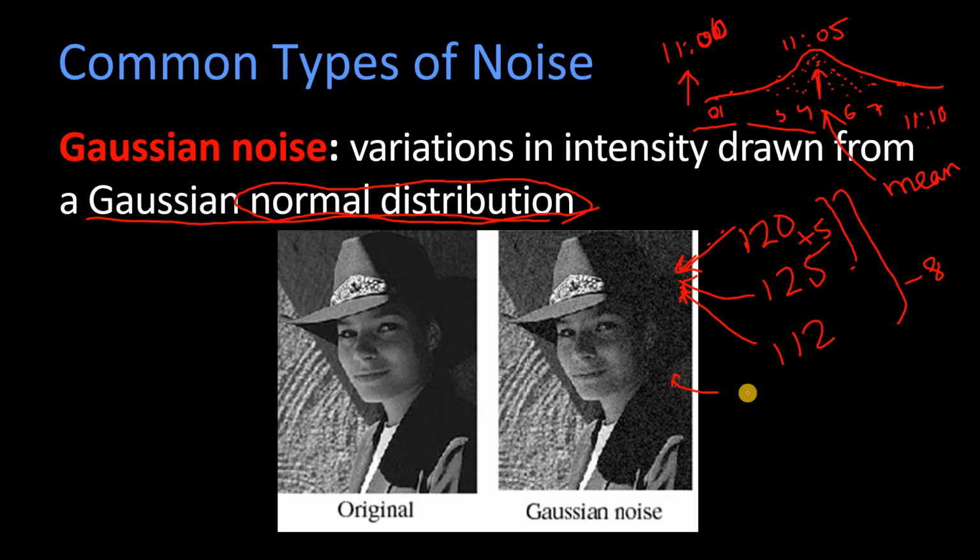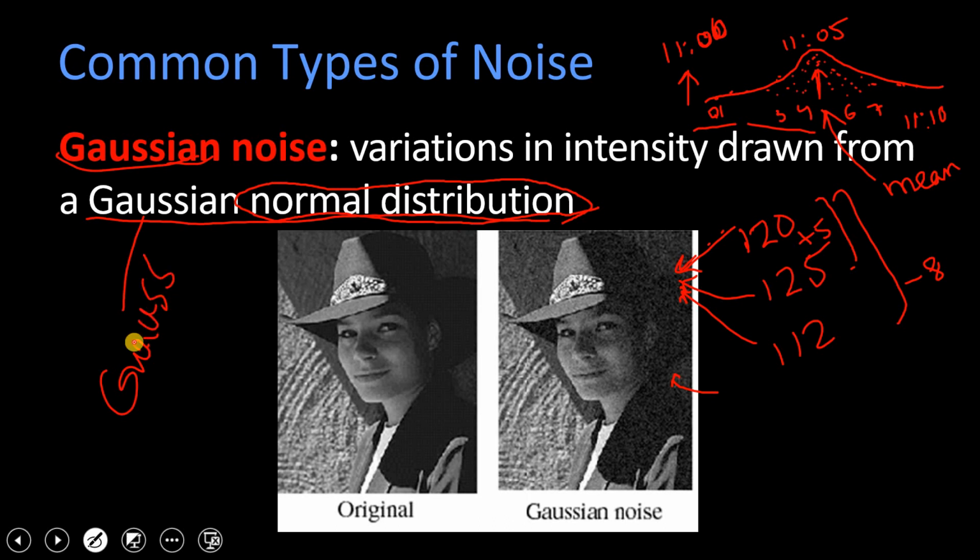The name Gaussian comes from the scientist who first proposed this distribution, whose name was Gauss. This type of noise is more difficult to remove. Because of this noise, there are no white or black dots, but the image becomes a little bit rough, or not so clean, or not so smooth.